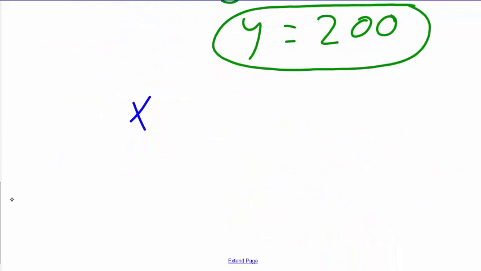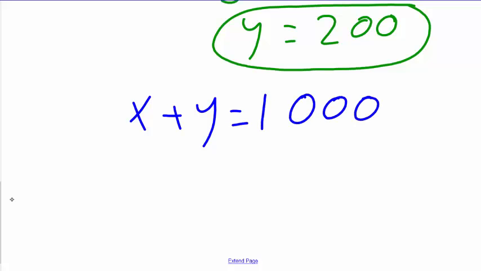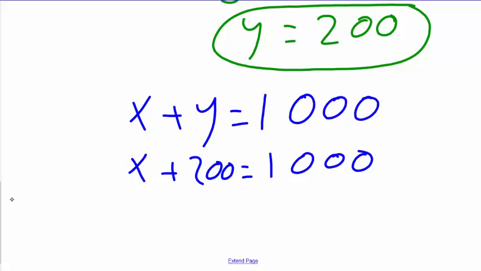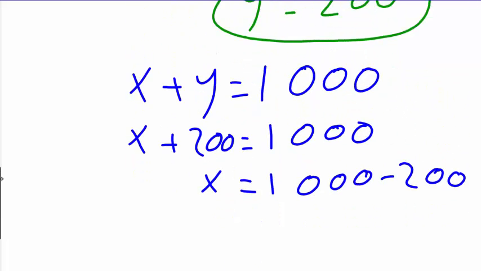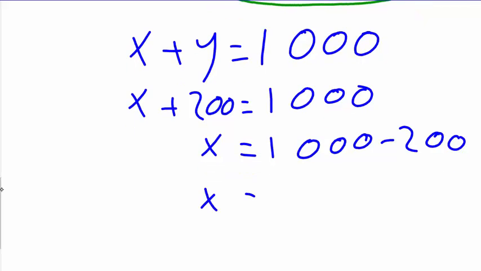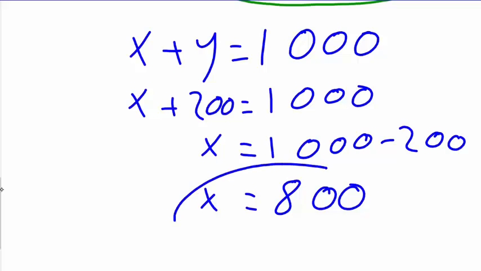So x plus y equals 1000, and x plus 200 equals 1000. X equals 1000 minus 200, and x equals 800. Voila!